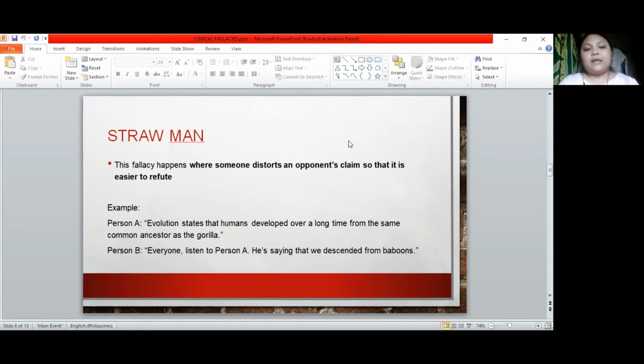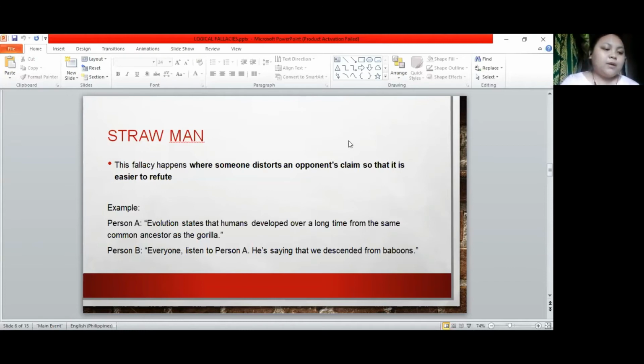So based on this situation, person A is just trying to explain the theory of evolution by explaining that humans developed over a long time from the same common ancestor as the gorilla. But person B is trying to distort the claim of his opponent by stating that we descended from baboons, which is not the original statement of his opponent. So that is strawman. All right.